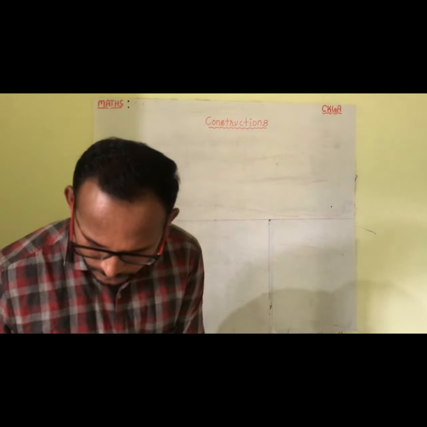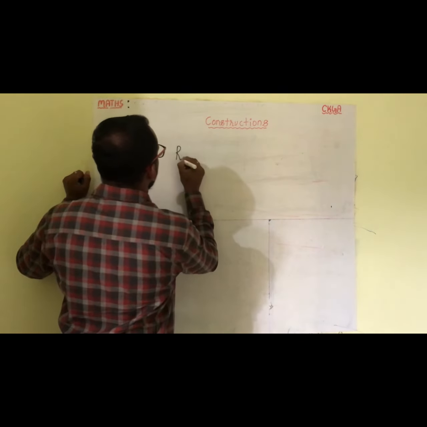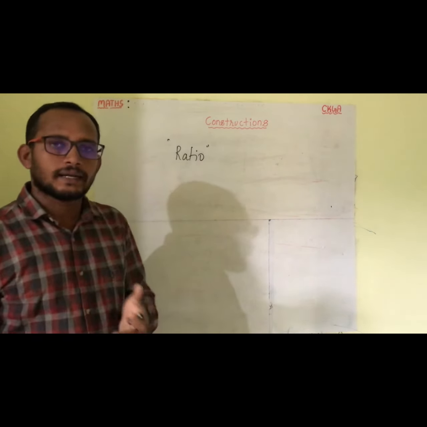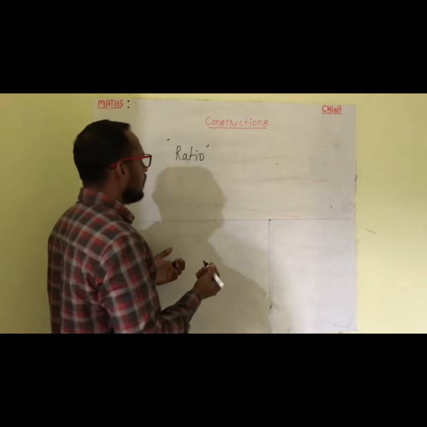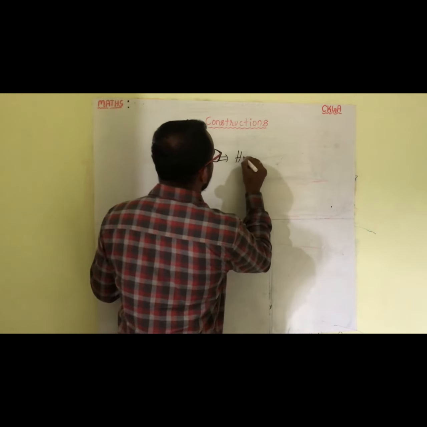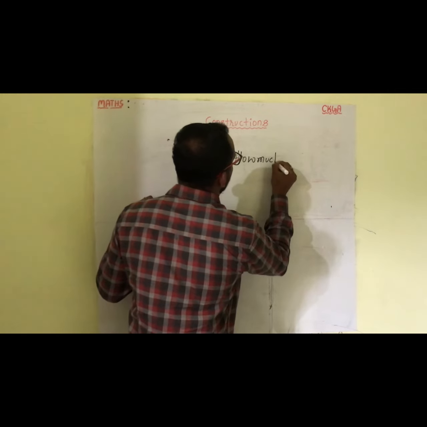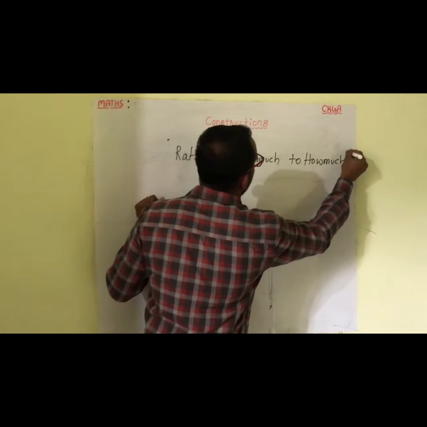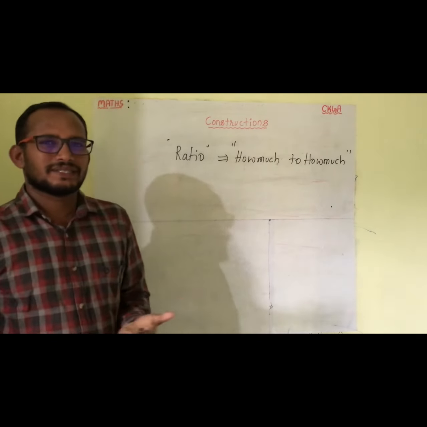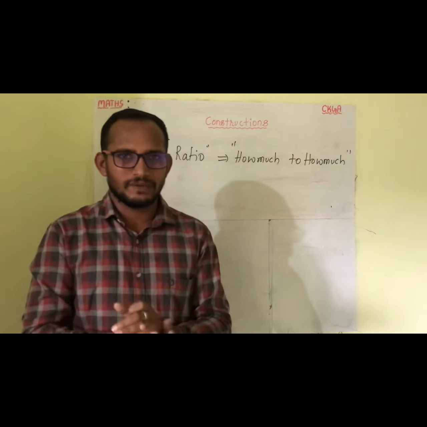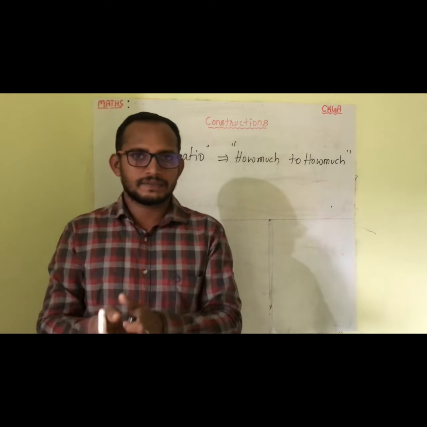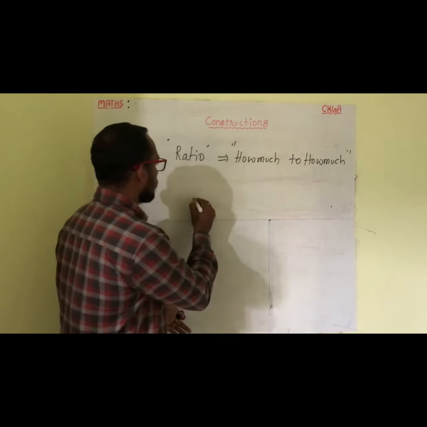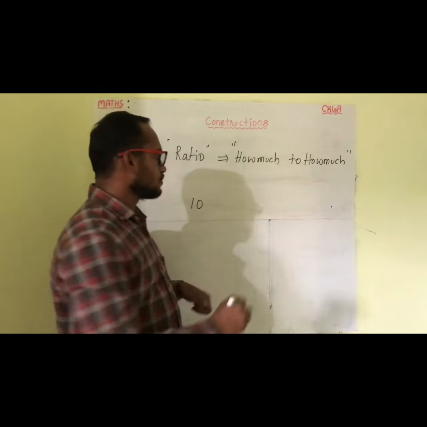So I'll start with ratio. Ratio is a simple mathematical concept which helps us compare quantities. Simply put, it is how much to how much. Suppose one kid has 10 chocolates and another kid has 2 chocolates.